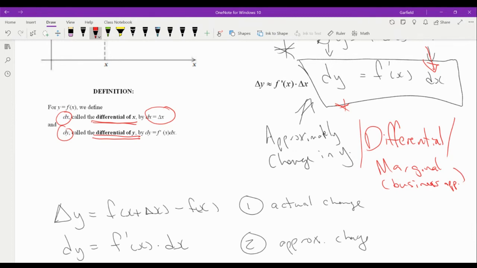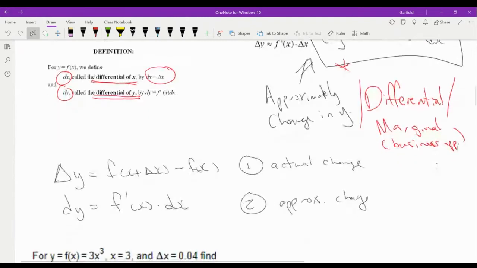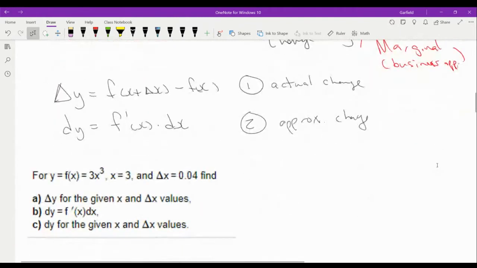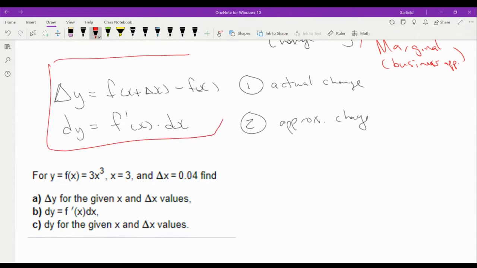And we'll talk more about a definition for marginal. So I'm just going to summarize this here. So these are the two formulas once again. One is the actual change or the approximate change.